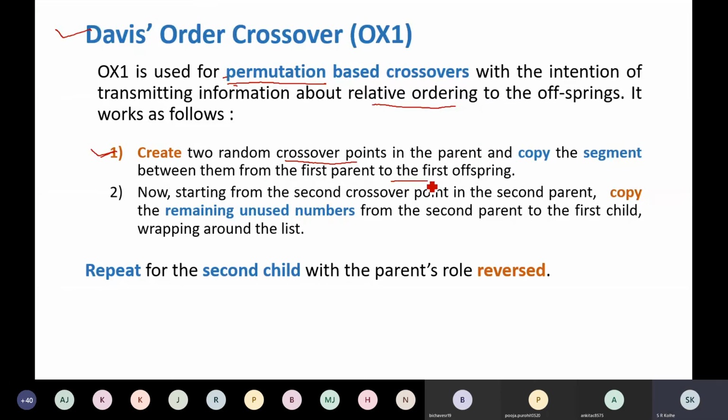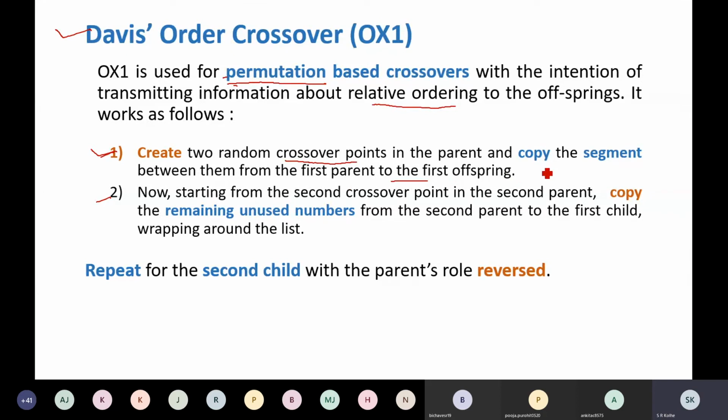Okay. Then, starting from the second crossover point in the second parent, copy the remaining unused numbers from the second parent to the first child, wrapping around the list. This we have been doing for the first offspring only.